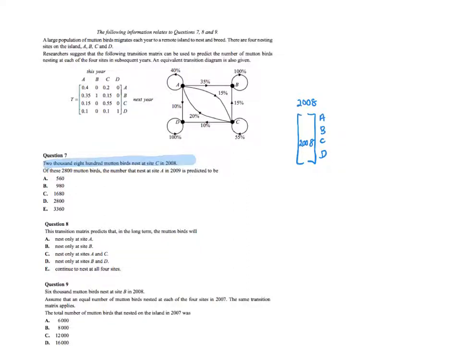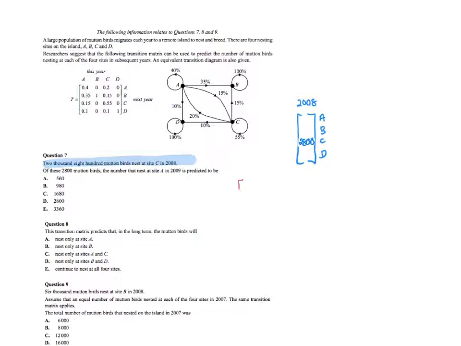did I write the wrong number? Sorry. 2,800 in there. Yeah. Of these 2,800, the number that nests in site A in 2009 is predicted to be. So let's have a think about how transitions work.